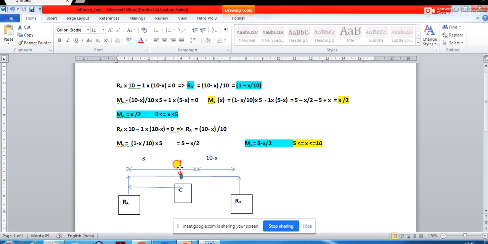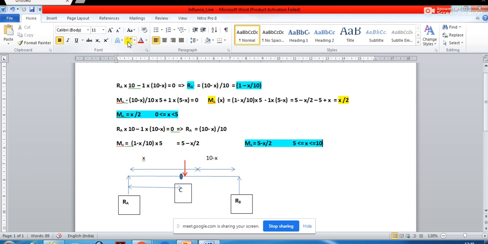But when this load has just crossed this point C, and is just to the right of this point C, then this equation will be valid. So your equation of M_C will be valid for a distance where x is greater than or equal to 5 and less than or equal to 10.